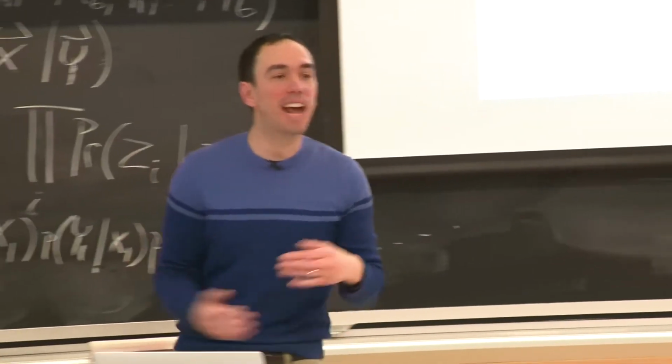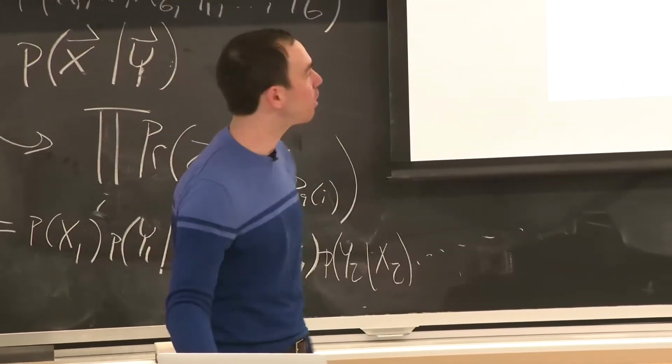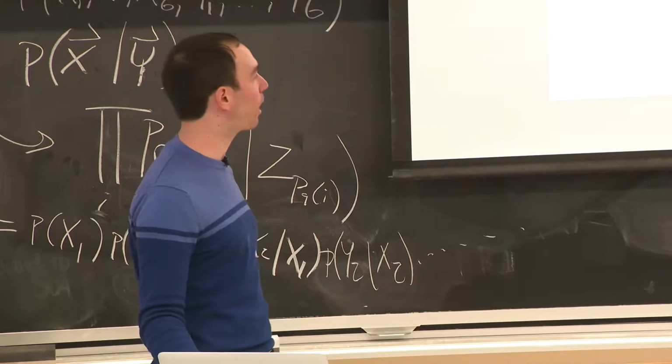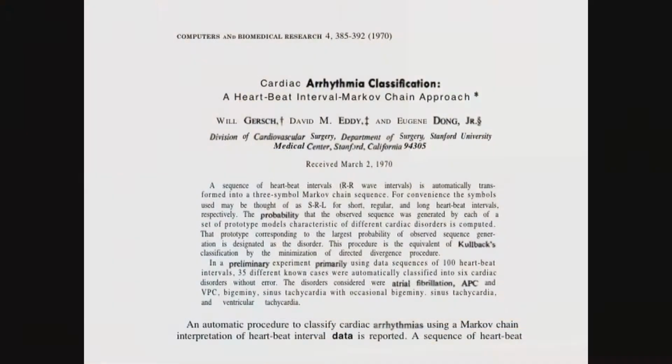So you might say, okay, what's the next thing we could do to clean up the signal a little bit more? So flash backwards from 2001 to 1970, somewhere else, not MIT, where they used a Markov model, very similar to the Markov models we were just talking about in the previous example, to model what a sequence of normal RR intervals looks like versus what a sequence of abnormal, for example AF, RR intervals looks like.